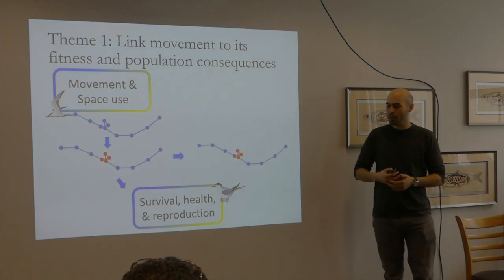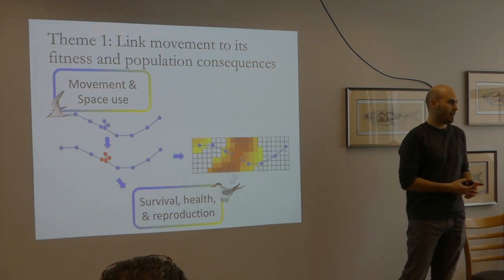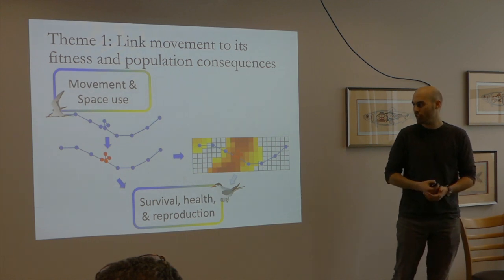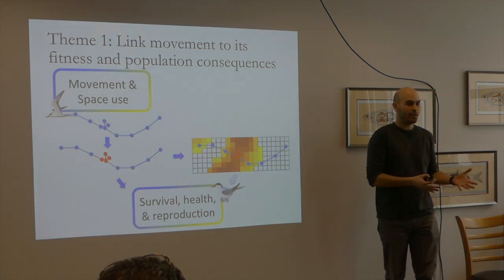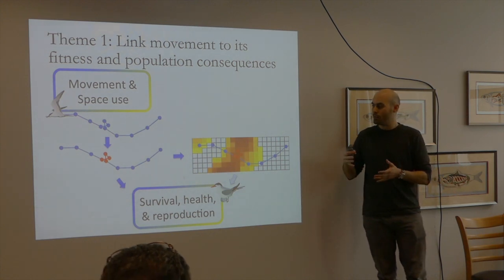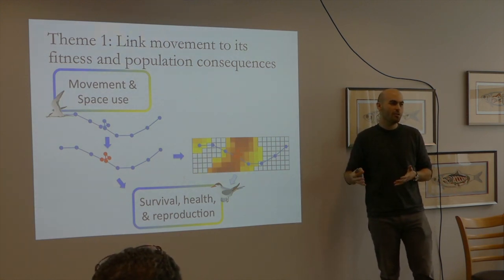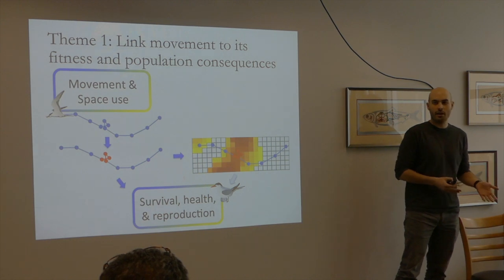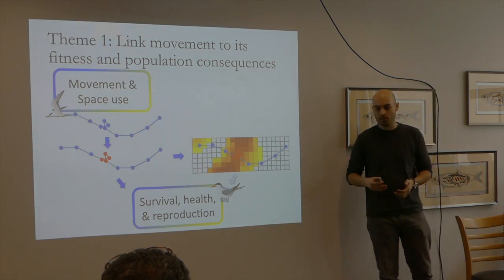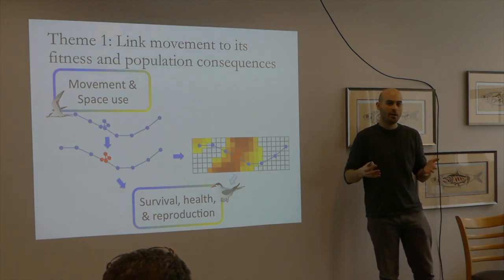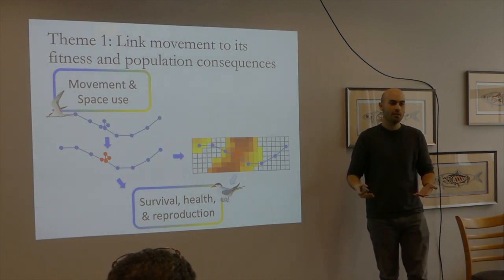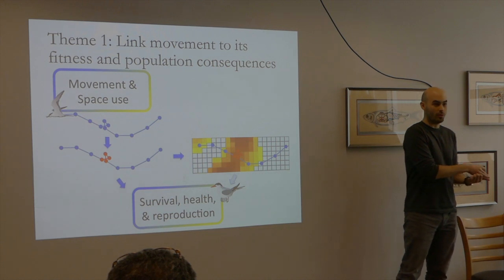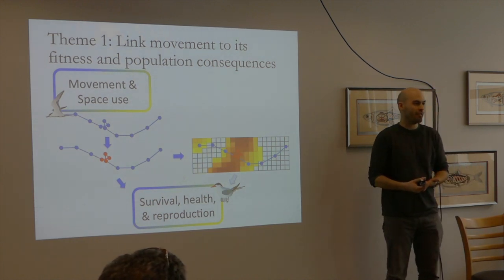If you have a behavior that you know has fitness consequences, like foraging, you can identify the environmental conditions that are necessary for that behavior. Then if these conditions change, you can infer how that might impact this behavior. So if the conditions required for foraging become less frequent, you can infer that either foraging will also become less frequent or the behavior will have to change.